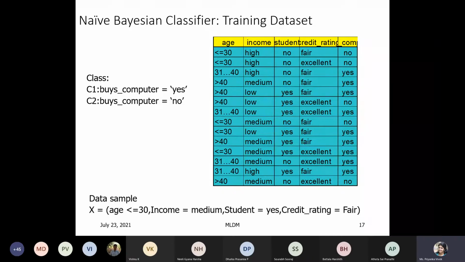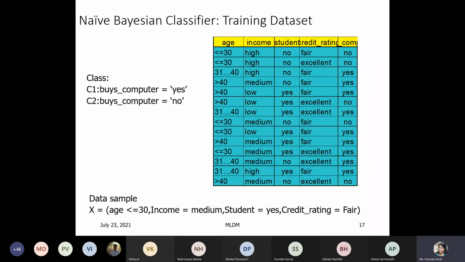For that, we have to find the probability of the class being yes. We write probability of yes times probability of age less than or equal to 30 given yes, times probability of medium given yes, times probability of student equal to yes given yes, times probability of credit rating equal to fair given yes.